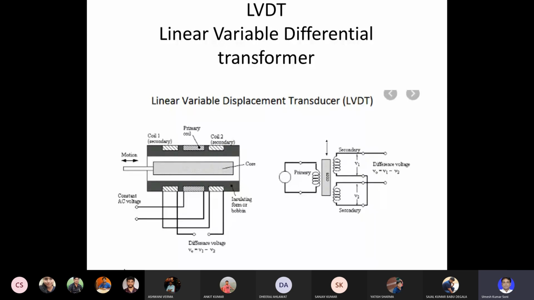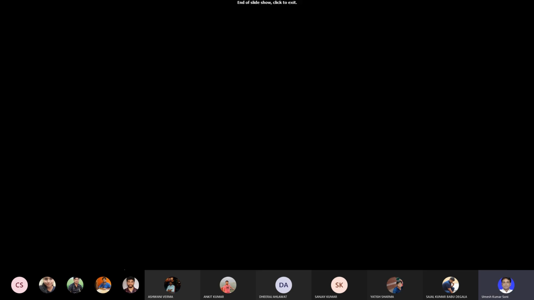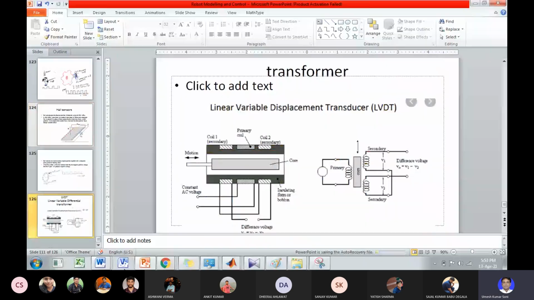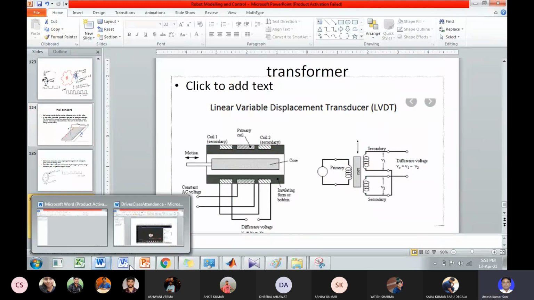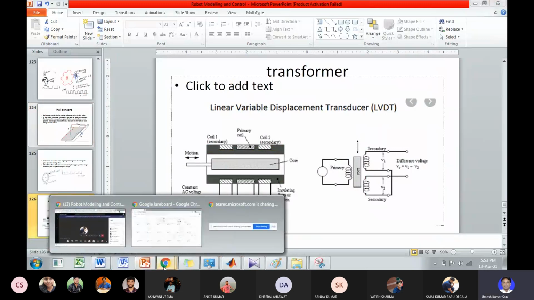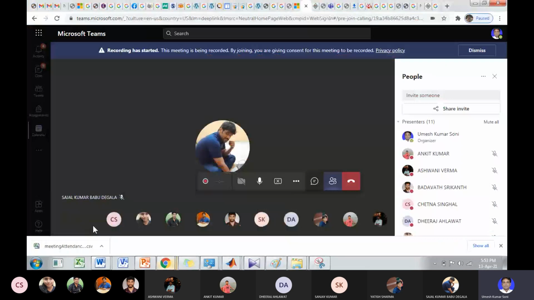So here the output voltage varies positive or negative. This is nearly the complete sections in this PPT. However, a large number of other sensors are still in the robotic system, which will be discussed later.